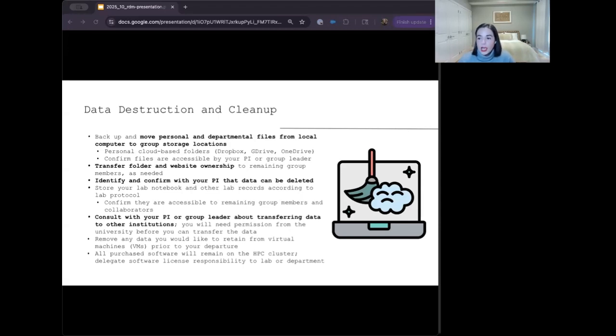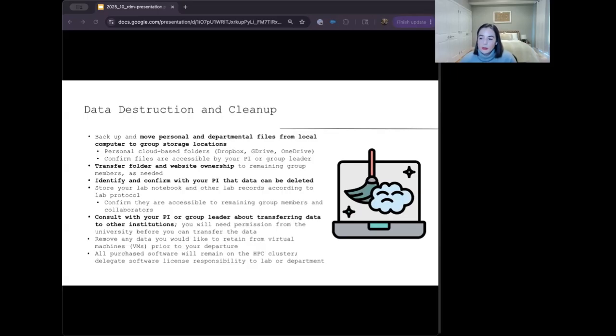This includes any data housed in cloud-based folders like Dropbox, Google Drive, and OneDrive. Make sure that they are accessible to your PI or group leader or anyone else in your lab, because we've had people leave the institution, they left their data in personal files, their personal OneDrive, and then it's really difficult to get that information back.